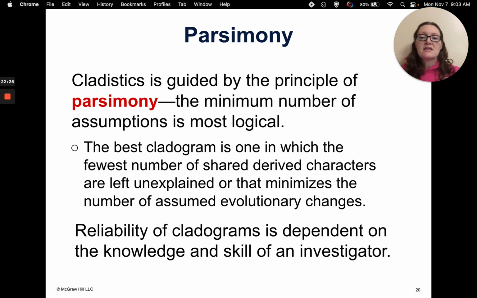Now, cladistics is guided by the principle of parsimony. The minimum number of assumptions is most logical. An organism probably didn't go through a very complicated process. It probably took the most simple path.